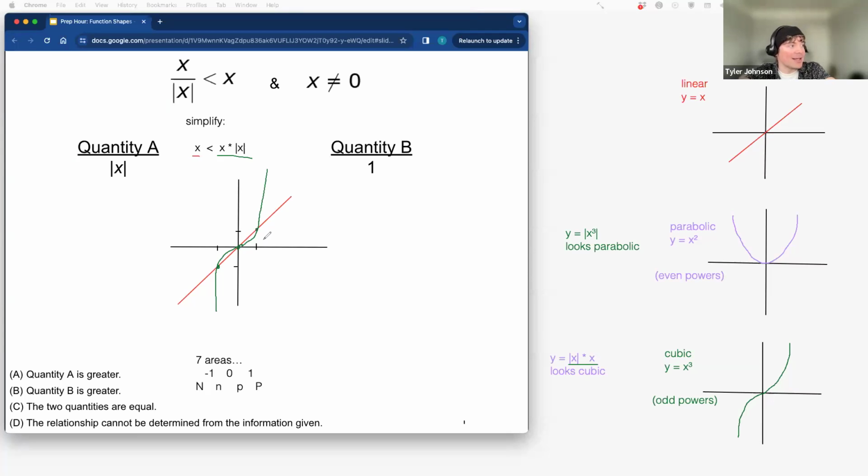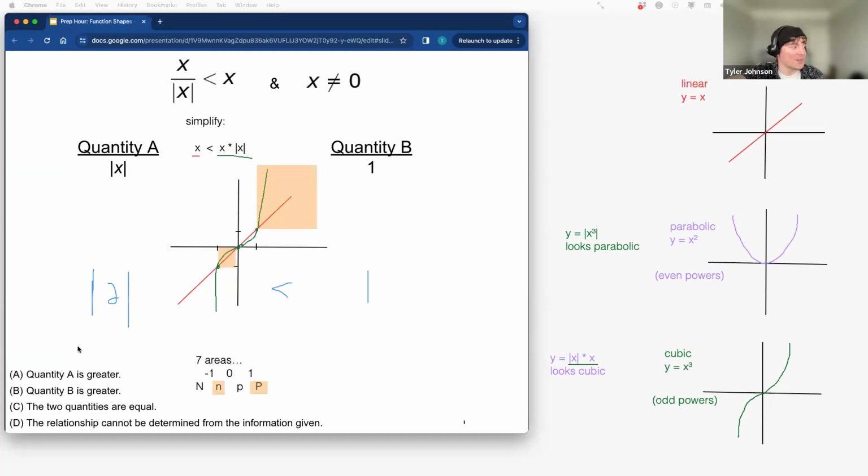So where's that red line underneath the green line? It's going to happen for my big positives, and it's going to happen with my negative fractions. So that means if I had a big positive, like the absolute value of 2, that is bigger than 1.